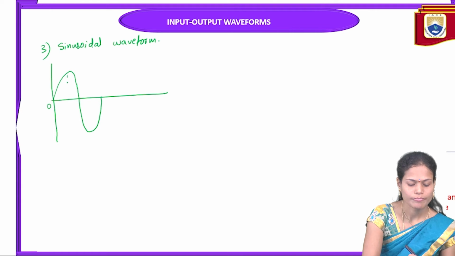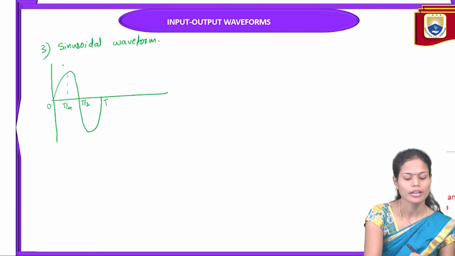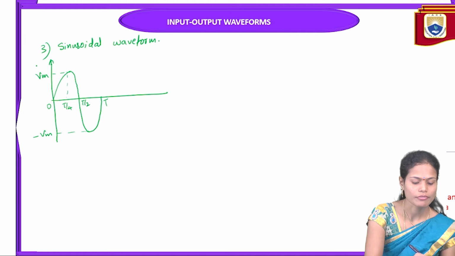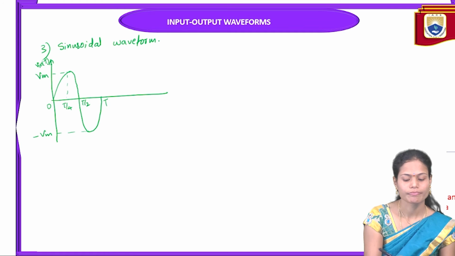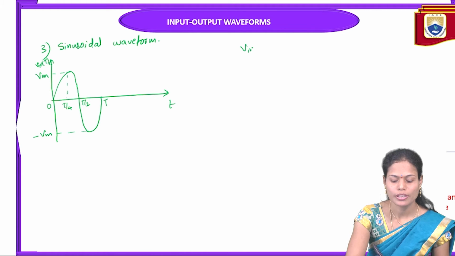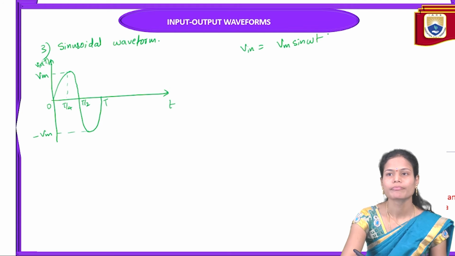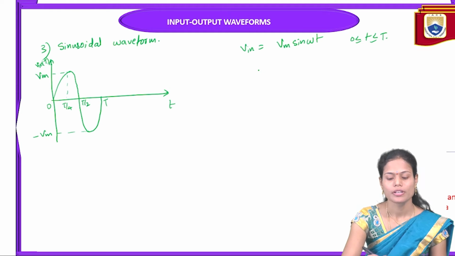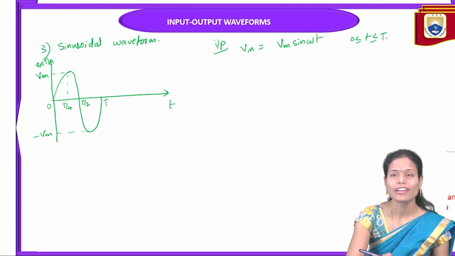This is 0, this is T by 4, this is T by 2, and this is T here, and the maximum amplitude is Vm and the minimum negative amplitude is minus Vm. So my input signal here is Vm sine omega t, ranging from 0 to T. For this input signal, what is the output signal I'm going to get here?